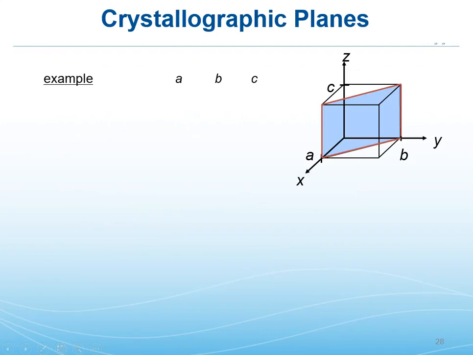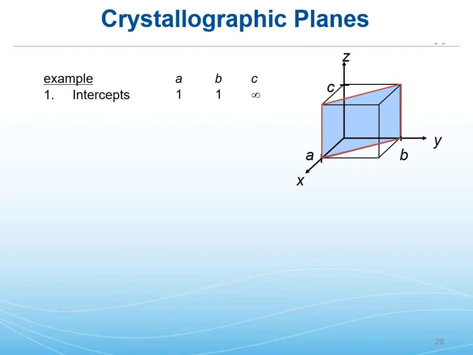So here's an example. We have a system that's not necessarily cubic, looks cubic, but we don't know. So we're using A, B, and C to denote 3 different lattice parameters. A in the X, B in the Y, C in the Z. And we're looking at this blue plane. Well, it cuts the x-axis at A, which is effectively 1 lattice parameter.